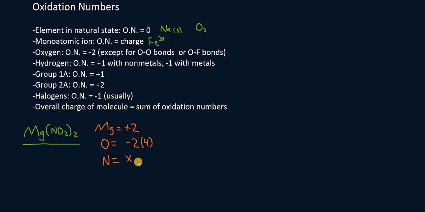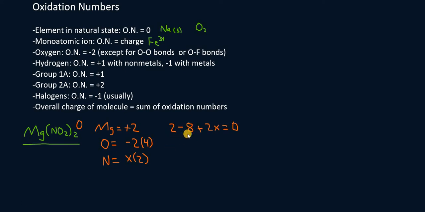I have 2. So make sure you put that. We have 2 nitrogens in this compound. So I'm just going to set up a very simple algebraic equation, and we're going to set that equation equal to the charge of the molecule itself, which is neutral because there's no charge here. So we'll set the equation equal to 0 because our compound is neutral.